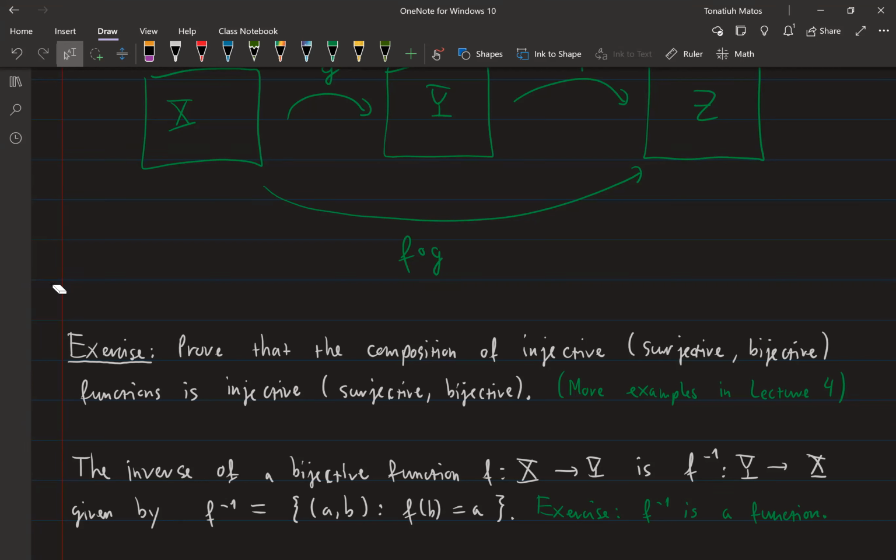But of course, if you apply this to a function, which is a particular example of a relation, you might not get a function, and it's not hard to see why. Now, what I want you to be convinced of is that if the function that you start with is bijective, then the inverse is indeed a function, right? Remember that a function is a relation with two properties.